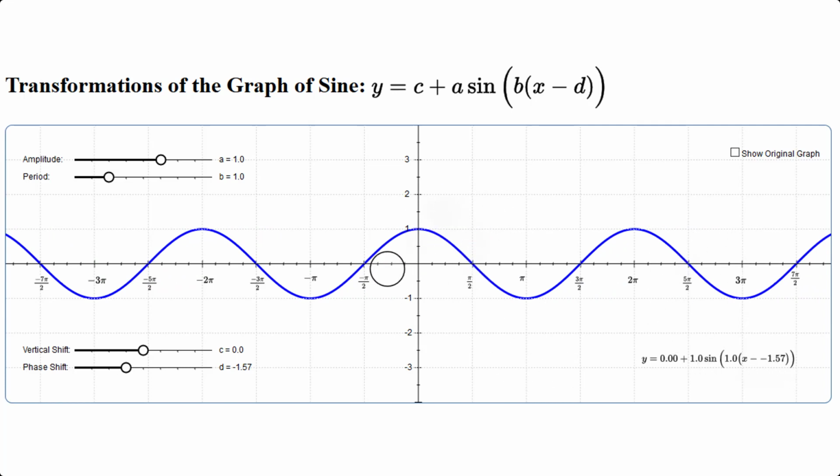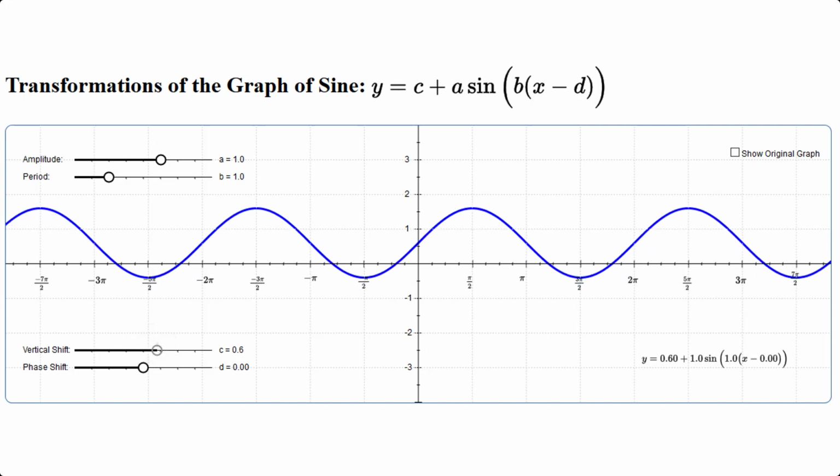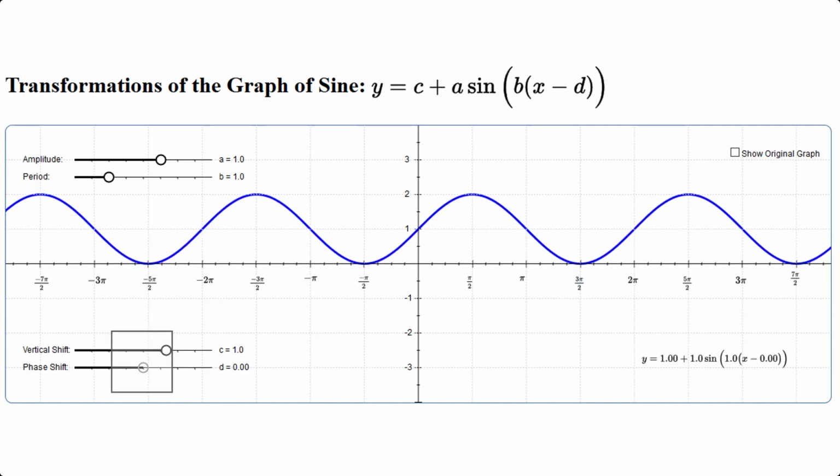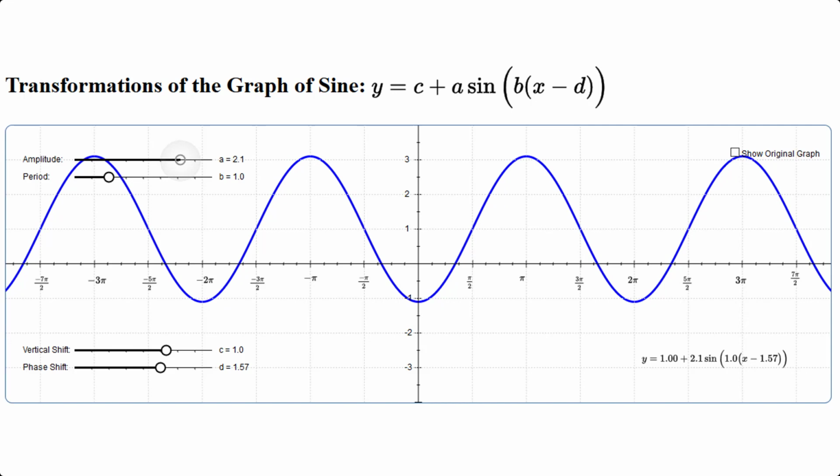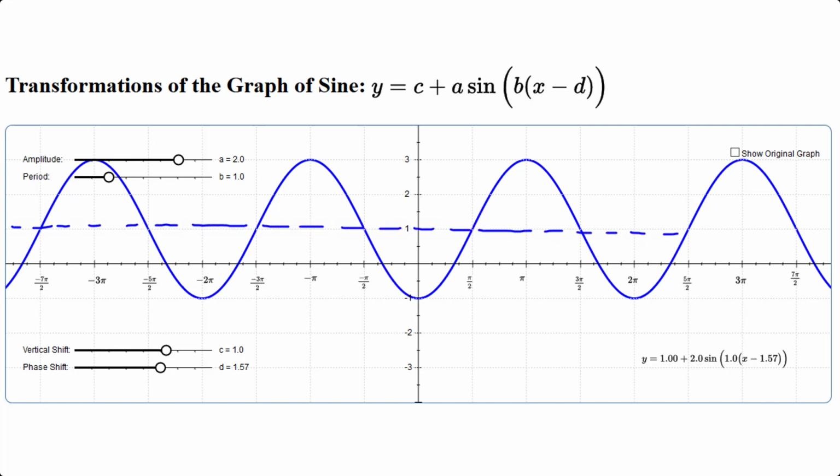Now, things start to get more interesting when you have multiple changes occurring at the same time. For instance, let's say we have a vertical shift of 1, and a phase shift of pi over 2, and an amplitude change of 2. Everything's shifted up 1 unit, so my vertical axis is up here at 1. Amplitude is 2, so the maximum distance from the central axis is 2.